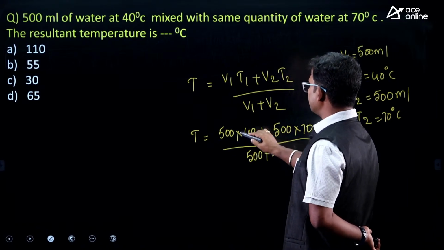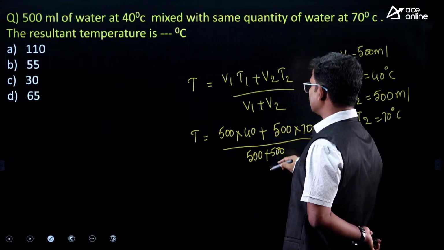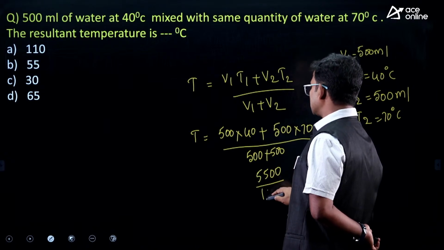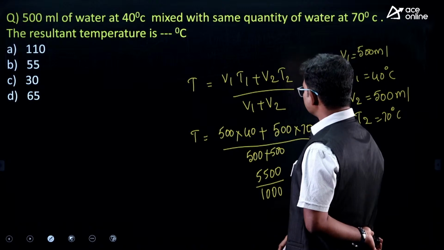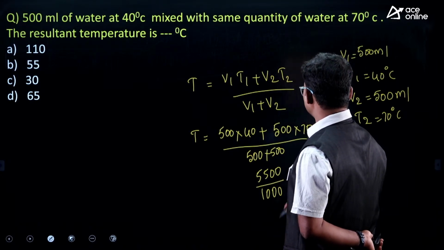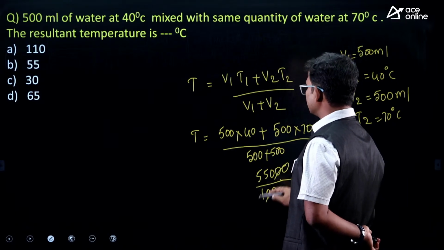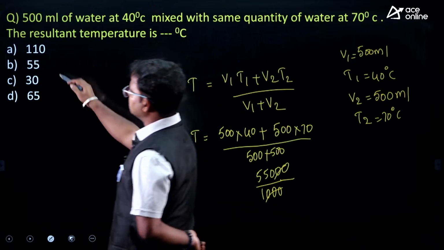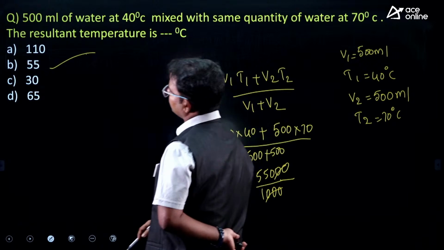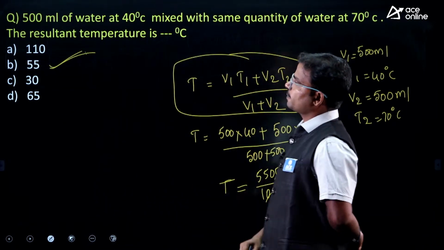Finally we get 55,000 by 1000, so finally 55 degrees. Option B is the right answer. The resultant temperature is 55 degrees. You have to remember this formula.